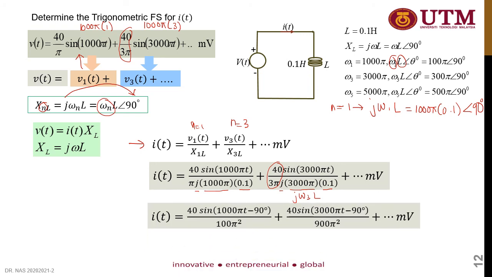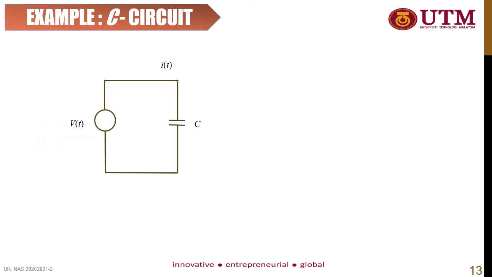So in this case, 1 over j is equivalent to minus j, which is equal to e to the negative j pi over 2, or negative 90 degrees. So that's why you get negative 90 here. Okay, same steps when you have the capacitor inside the circuit.